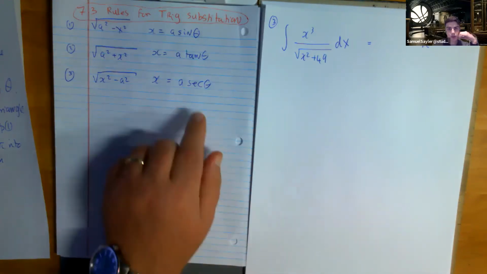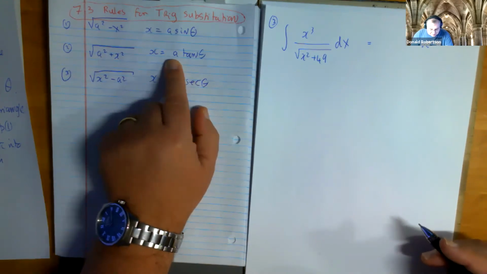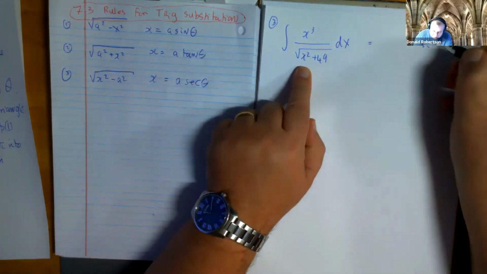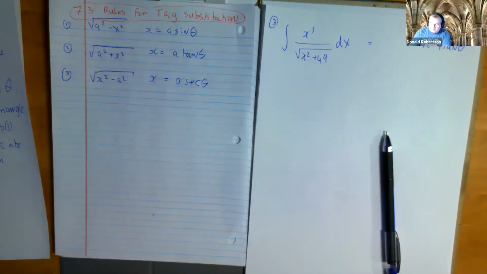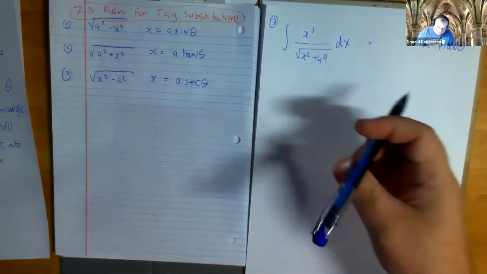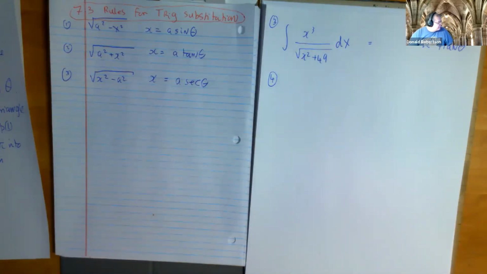Seven tangent theta. Okay, so we're going to use number 2, and it's 7 because of that guy. Now, hopefully by the time we get to the end of this list, you'll start getting much better at picking the x sub.